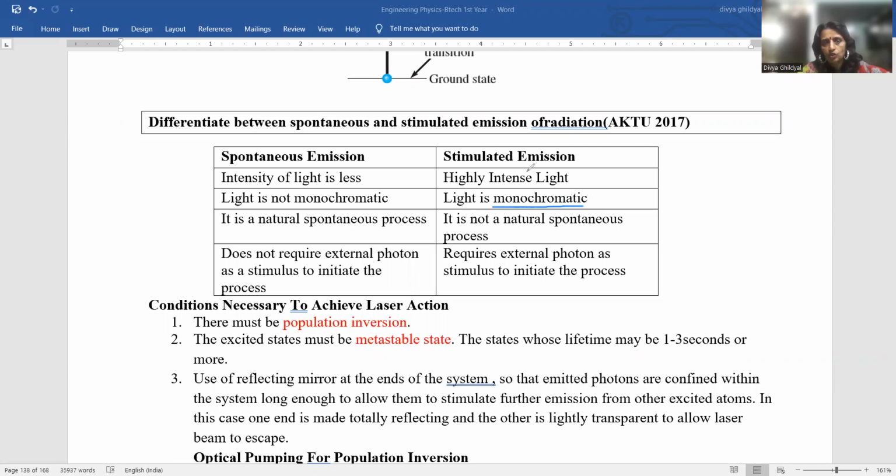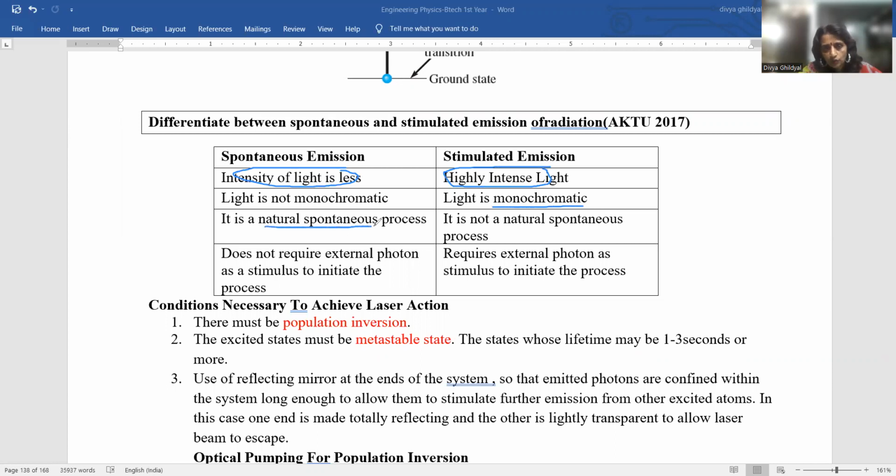Spontaneous emission, as I told you, is like just dropping down to the next energy level, so the intensity of the beam will be very less. But in stimulated emission, the beam intensity is going to be very high.